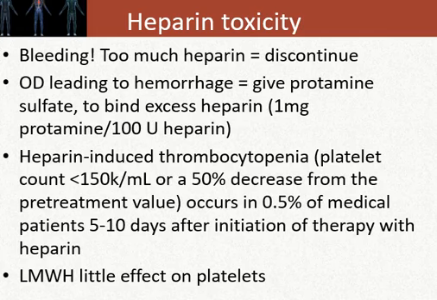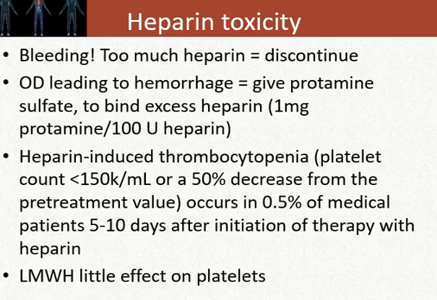And what it does is it's like a scavenger molecule. It just goes through the circulation and looks for excess heparin, okay, and binds to it. And then when protamine sulfate is bound to heparin, basically the heparin molecule is inactive. No matter what concentration is floating around, it's not going to do anything.